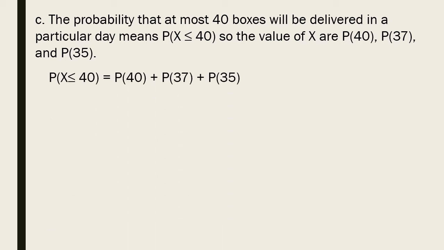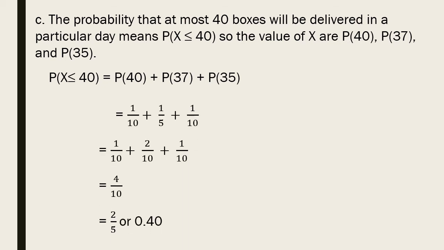So we are going to add the probability of 40 plus probability of 37 plus the probability of 35. So substituting all the probabilities, 1 over 10 plus 1 over 5 plus 1 over 10 again. So our probability is 2 over 5 or 0.4.